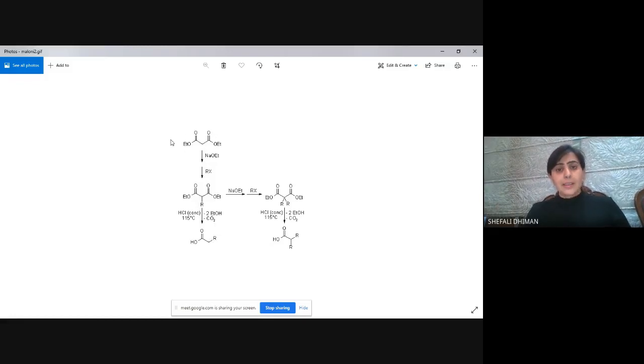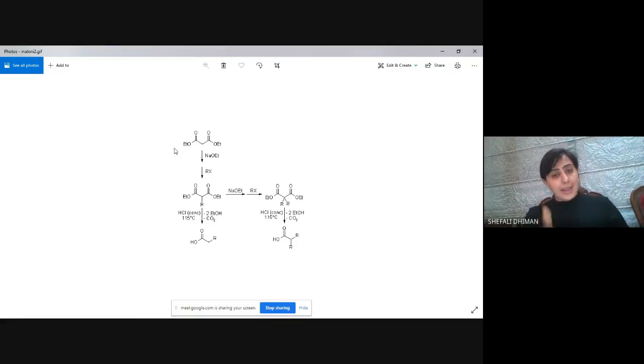I repeat again, this is malonic ester. This malonic ester contains a CH2 group. This CH2 group is sandwiched between two carbonyls. Yesterday, I drew the resonating structures of this malonic ester and signified the importance of this compound as a compound which is quite acidic in nature. So we made a comparison of the acidic strength of various organic compounds. I drew alkane, alkene, alkyne, carbonyl, and a compound with two carbonyls.